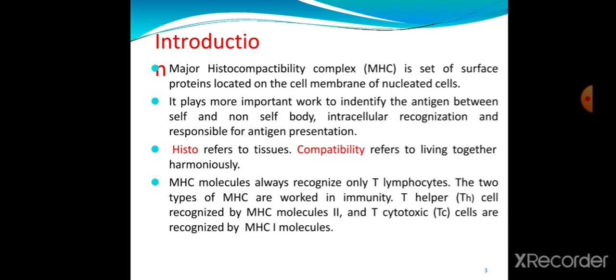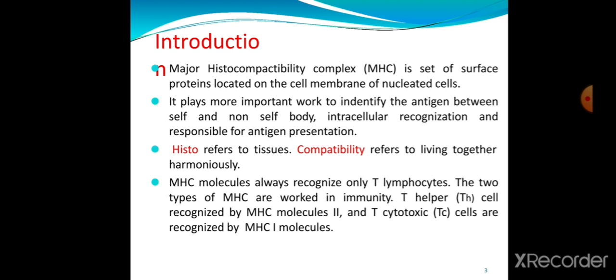So MHCs are surface antigens present on the cell surface. These are cell identity markers, unique for each person except identical twins.